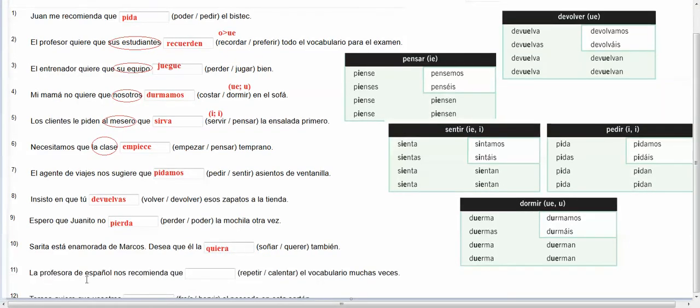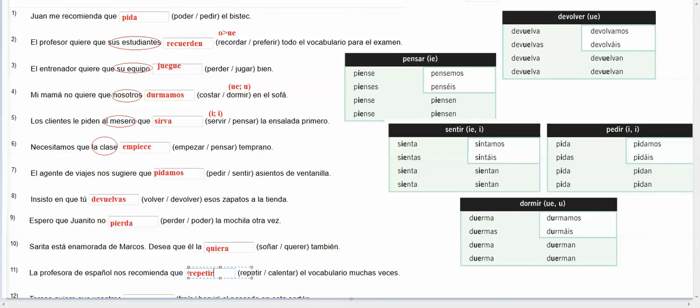Okay. La profesora de español nos recomienda que repetir, calentar el vocabulario muchas veces, probably repeat, right? Repetir. Repetir is an E to I. It is an IR verb, so the stem change is supposed to happen for nosotros and vosotros.